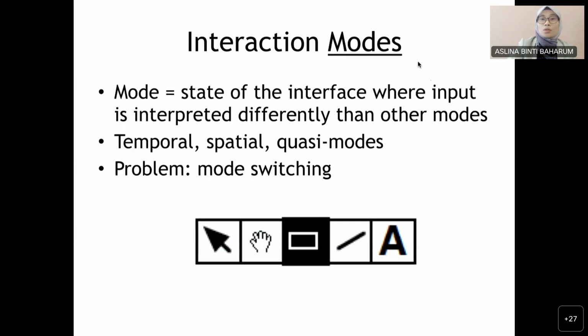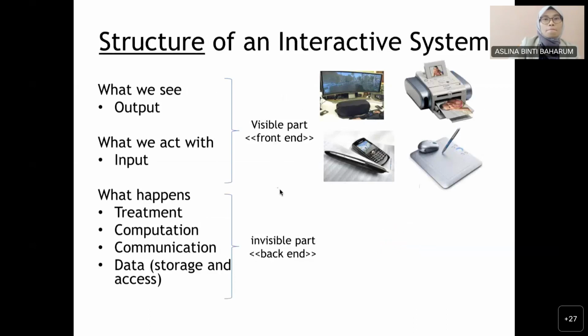Instead of using the dot, you can use an arrow or a hand. You can draw a line, or choose to have text. So it's temporal, spatial, and quasi modes. The problem, of course, is that you need a switching mode.